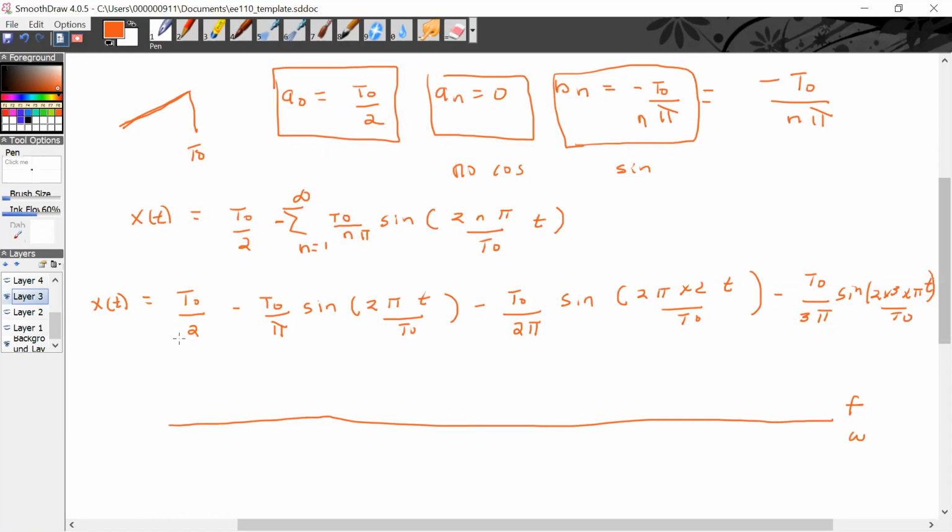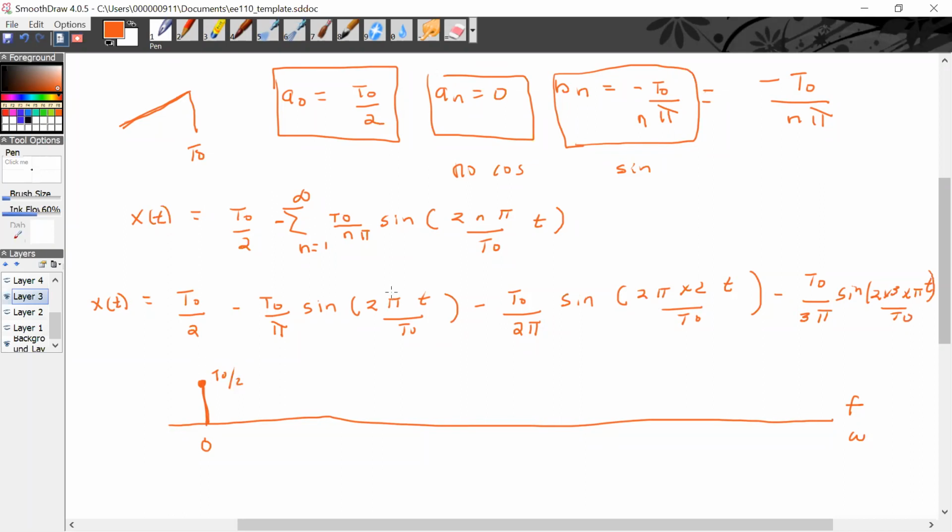And it's not exactly a Bode plot because we're going to show 0. It's not a delta function. It's just saying at 0 hertz, this is T naught divided by 2.